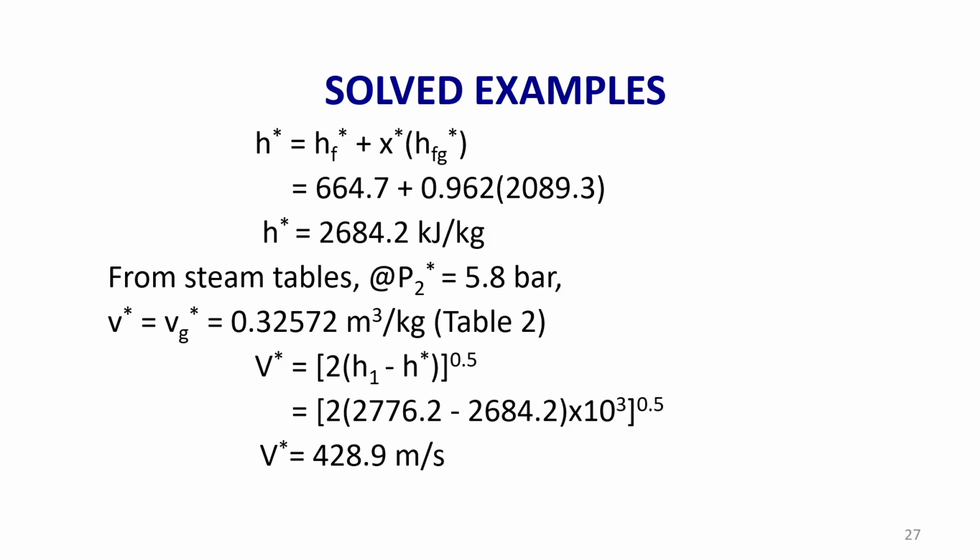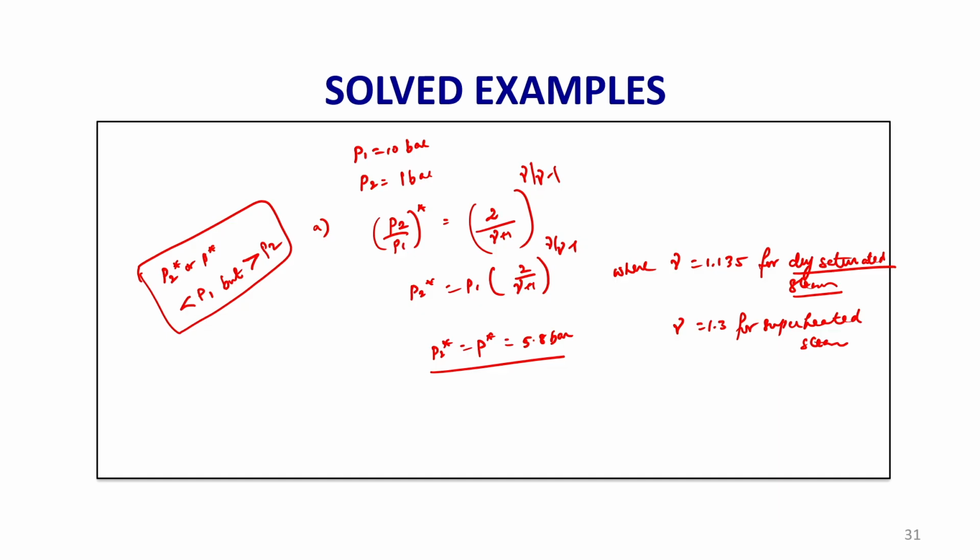Why I have taken the Sg value directly, I have already explained here. When we say dry saturated, X is equal to 1. Suppose I write S1 equal to Sf1 plus X1 into Sfg1, since at the inlet the steam is dry saturated.